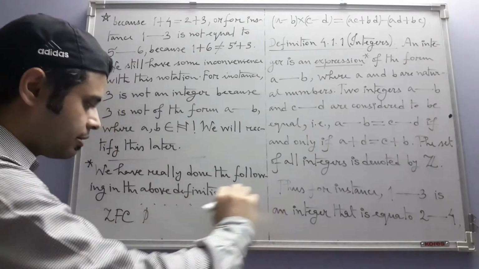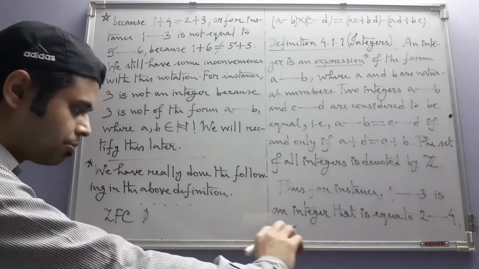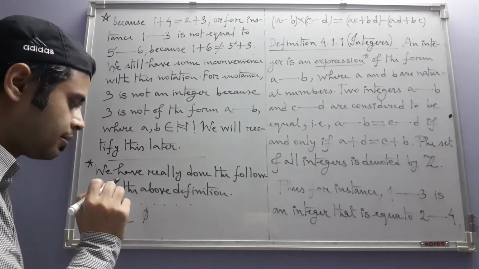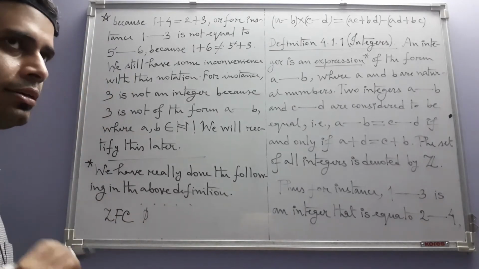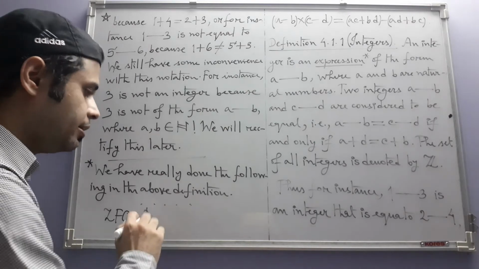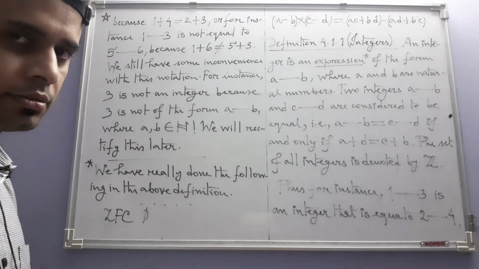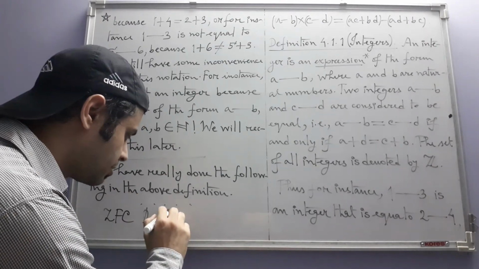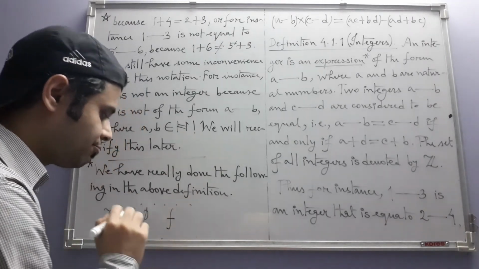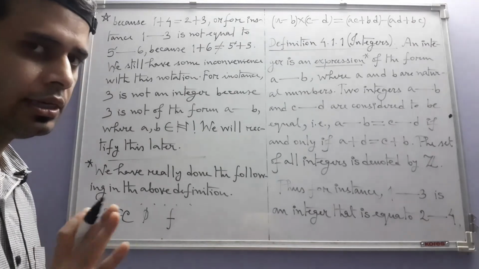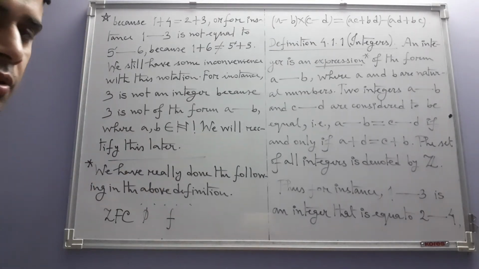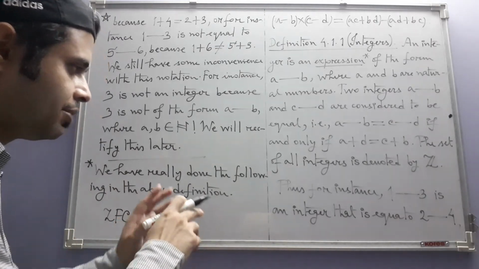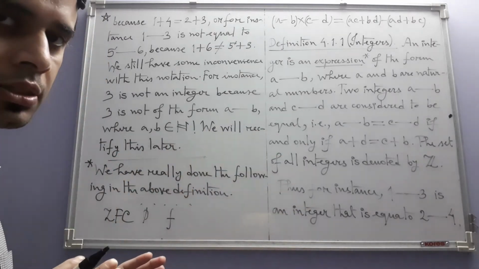Now, in that list of axioms, at one point or another we had to bring in some new objects. For example, while we defined functions, we said that a function is not a set, it's a new type of object that we are introducing into our set theory, which has to behave in so and so ways.